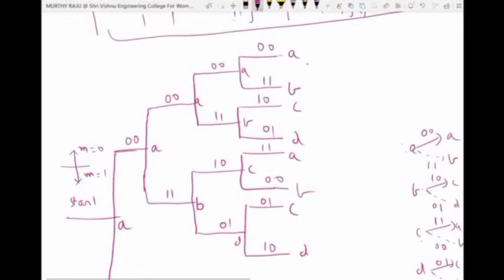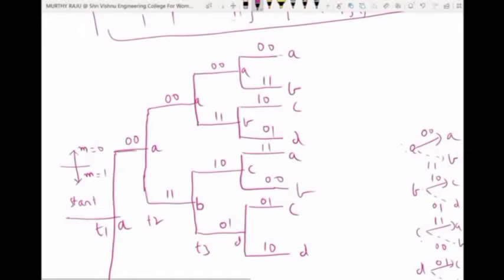This is the A B C D, A B C D. After 3 intervals, that means consider upper portion, upper direction, this is the T1, T2, T3. After 3 time intervals, the structure is repeated.